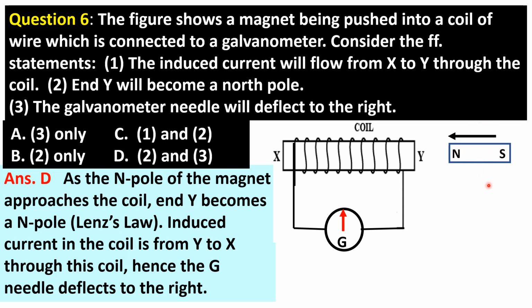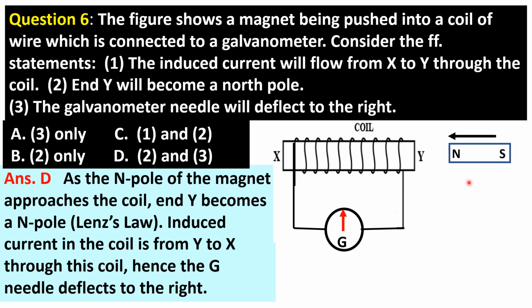Now, the key concept, according to another equally renowned scientist, Michael Faraday, we can only induce current if the magnetic field is changing.